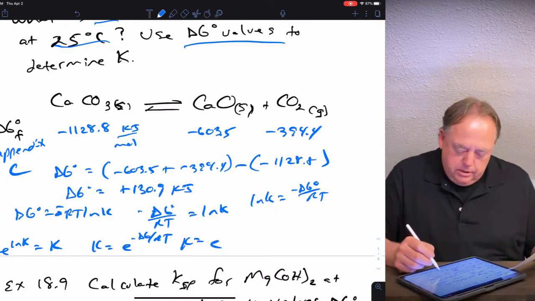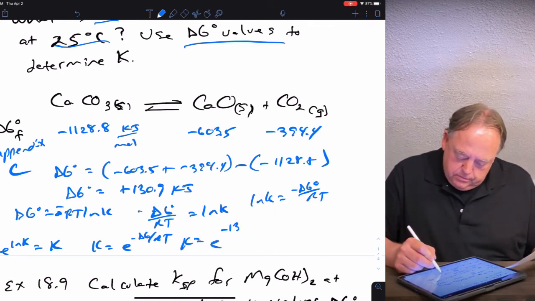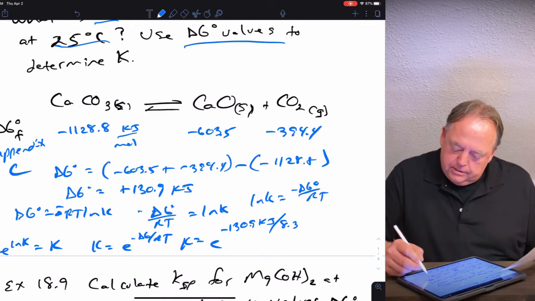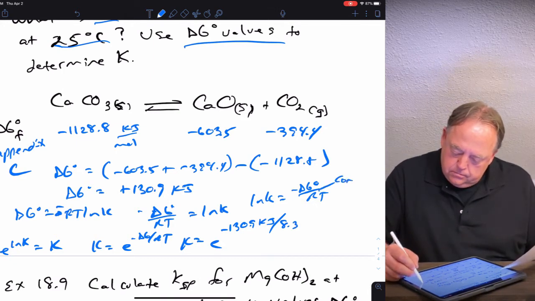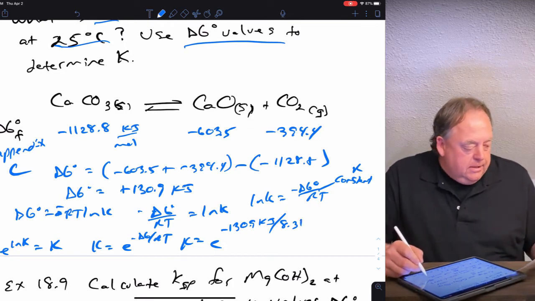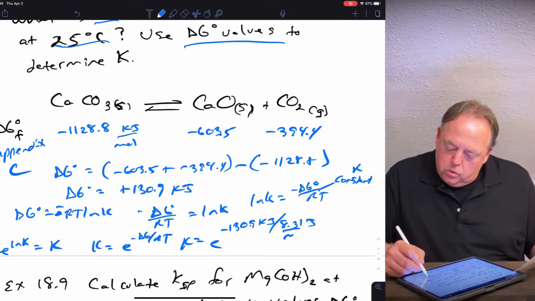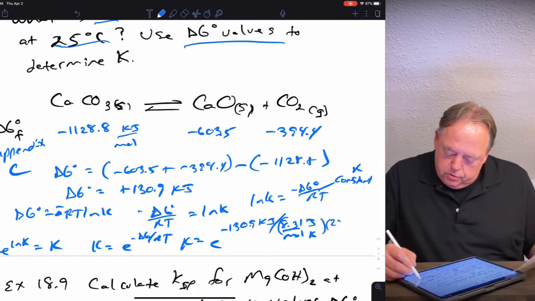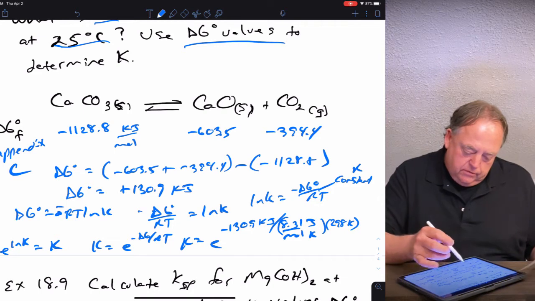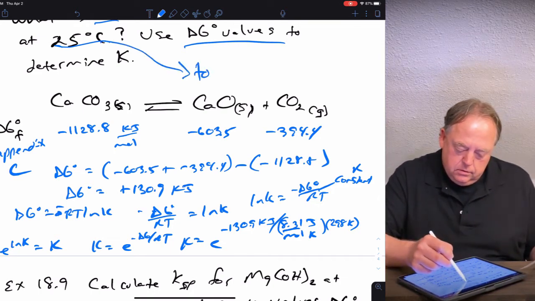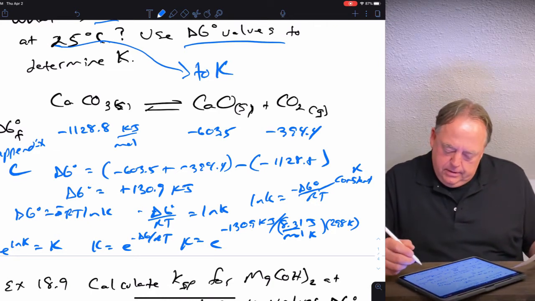K equals e to the negative 130.9 kilojoules divided by R. R is a constant, 8.31 joules per mole Kelvin, and at 298 Kelvin, so you have to convert the 25 degrees Celsius that was given to Kelvin.